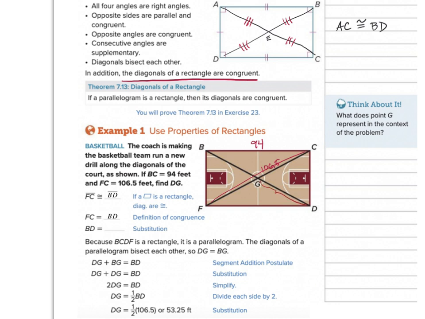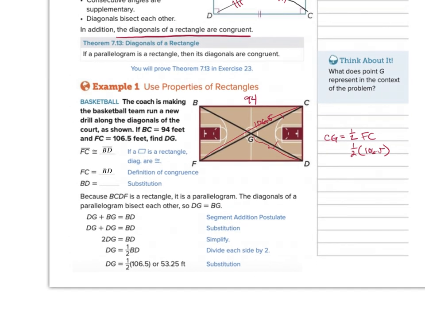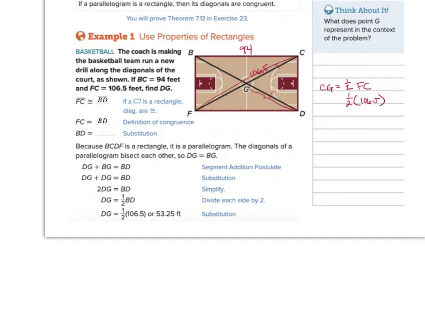Well, we know that this is the same as this. So DG equals CG, and then we know that CG is 1/2 of the entire length of FC, so it is 1/2 of 106.5.